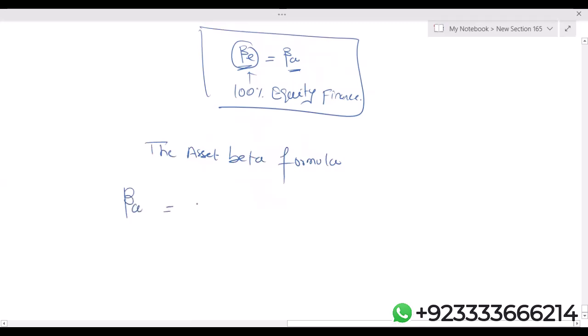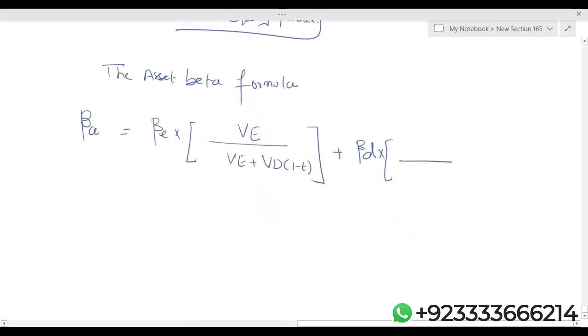Beta asset is equal to equity beta multiplied by market value of equity divided by market value of equity plus market value of debt (1 minus tax rate), plus beta debt into market value of debt (1 minus T) over the same denominator.